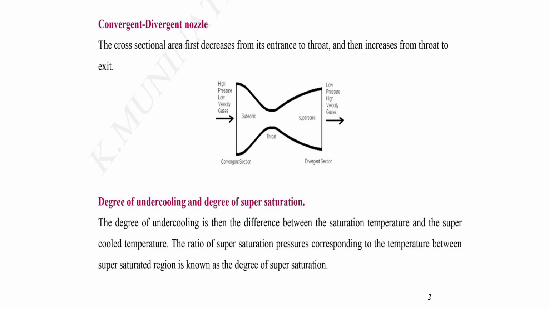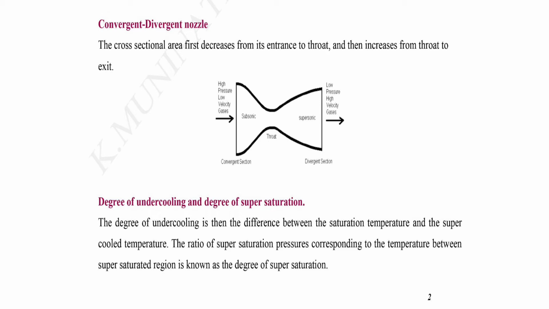After entering the throat, the steam flow will be a supersonic flow, where the high pressure is converted into low pressure and low velocity gases are converted into high velocity. This is the divergent section. After supersonic, we are able to create high thrust or pulling power at the exit of the nozzle.